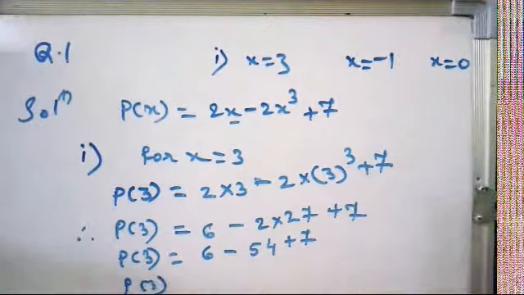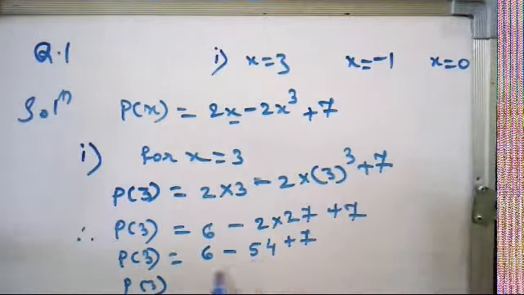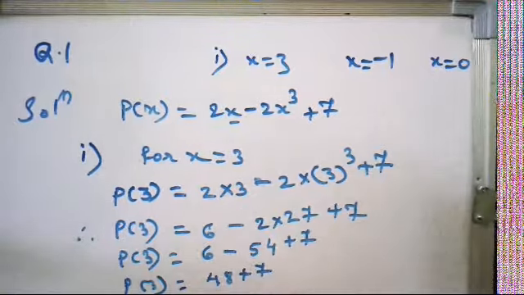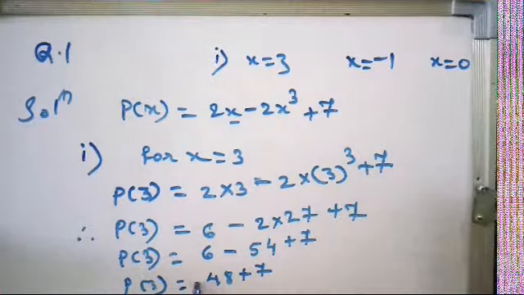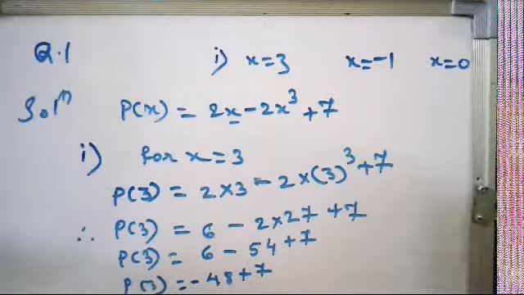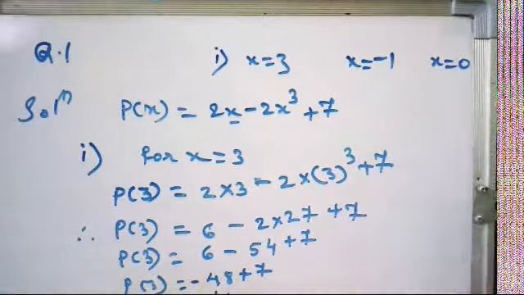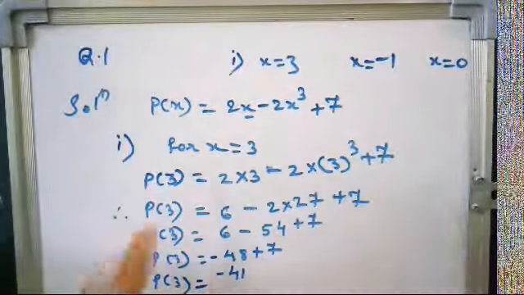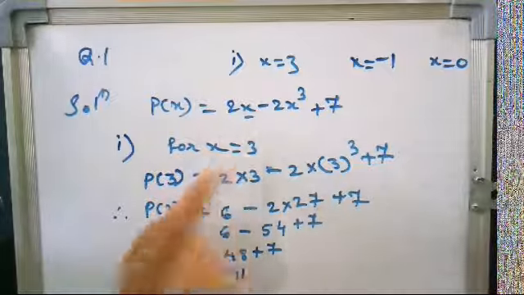Then p of 3 you can find out: 54 minus 6 is 48, plus 7. Then p of 3, what will be the sign here? It is the minus. Again you have to subtract this, so it is minus 41. So p of 3 is equal to minus 41, the value of this polynomial equation after substituting x is equal to 3.